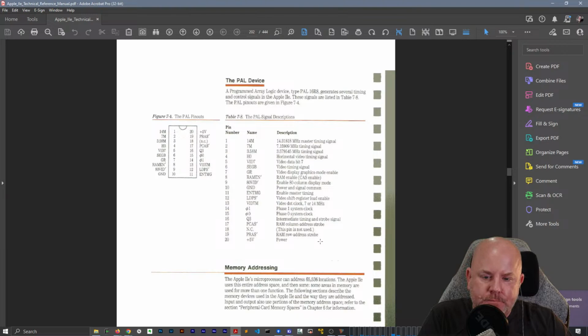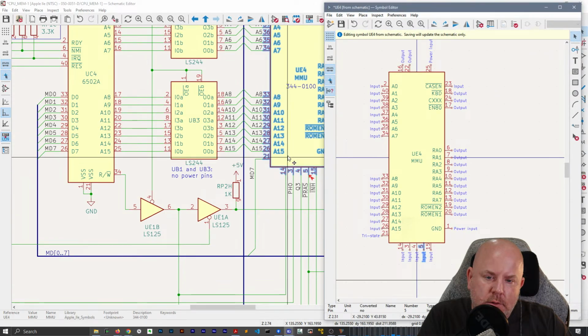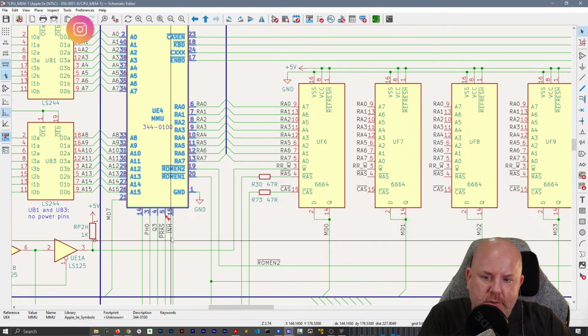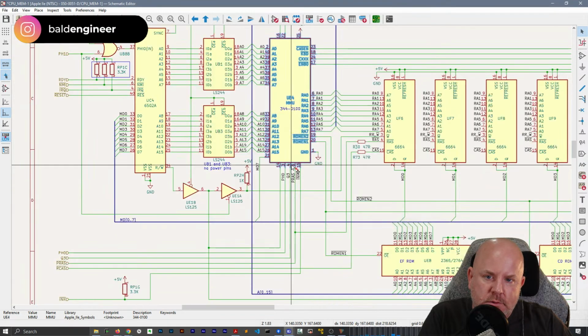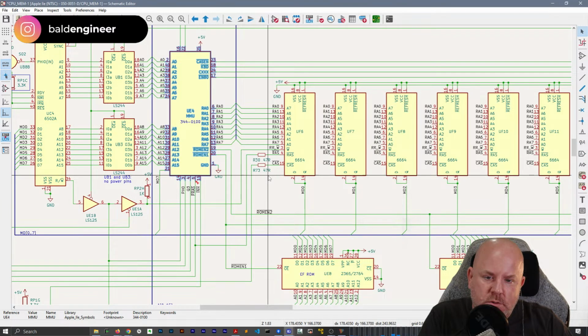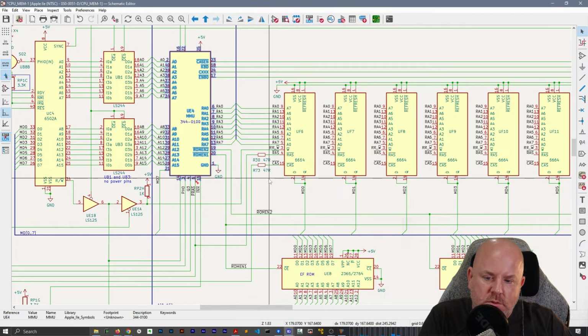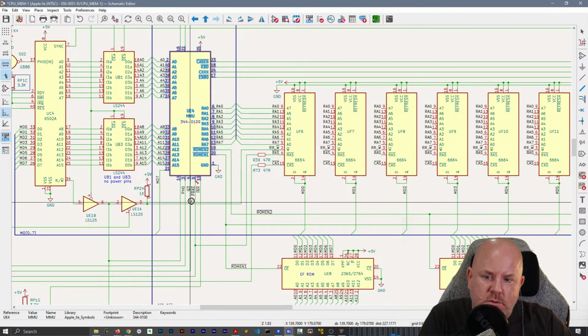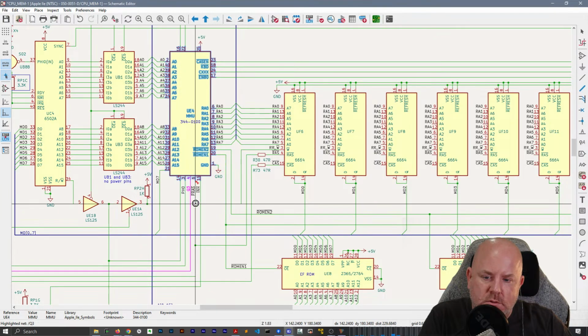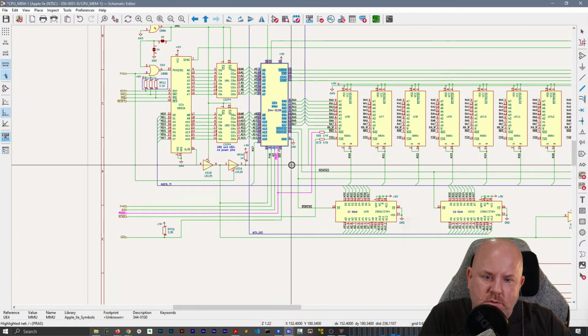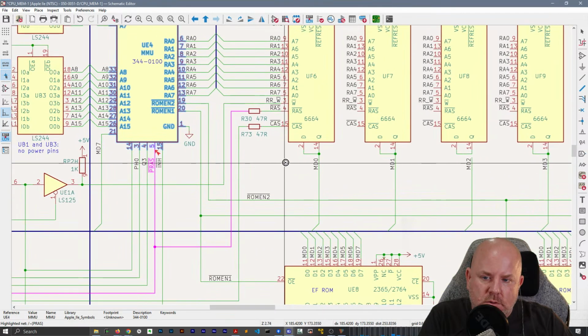Okay. So if this is an input to the MMU, okay, so the timing generator is what actually generates this PRAS.